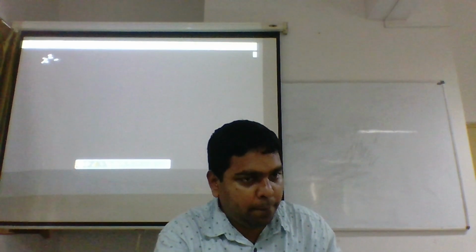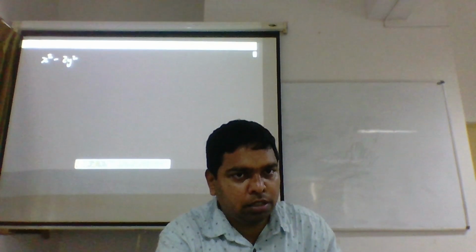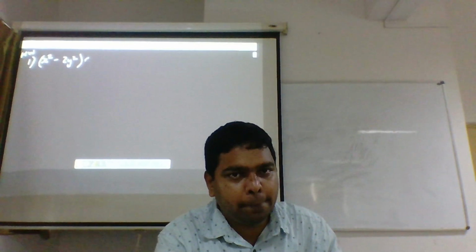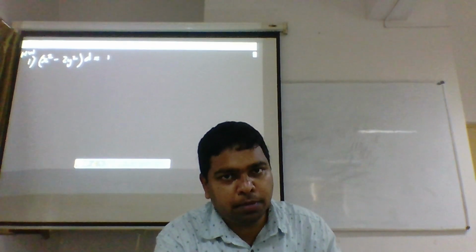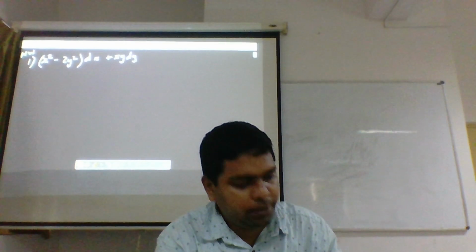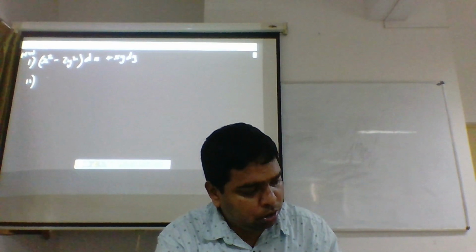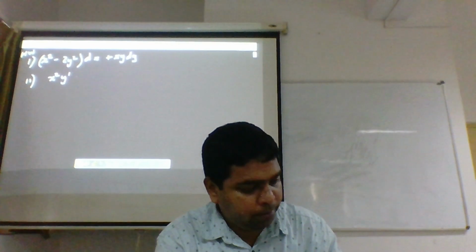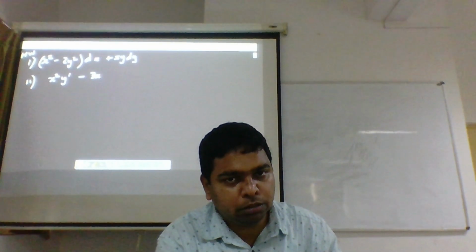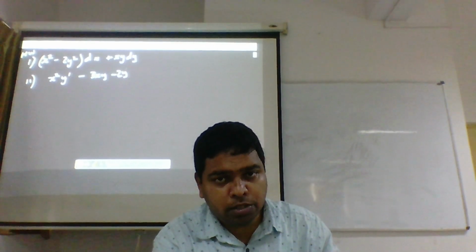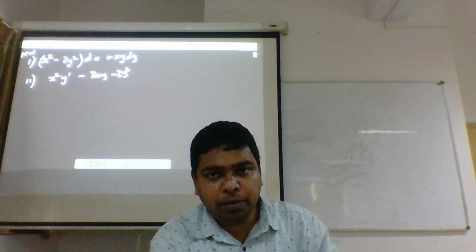The first problem: x square minus 2y square dx plus xy dy equals 0. Second: 2x square y prime minus 3xy minus 2y square is equal to 0.